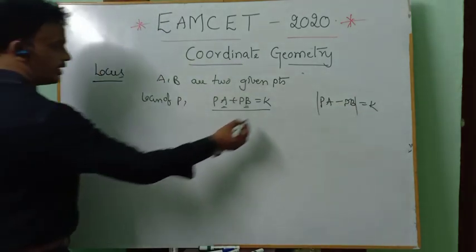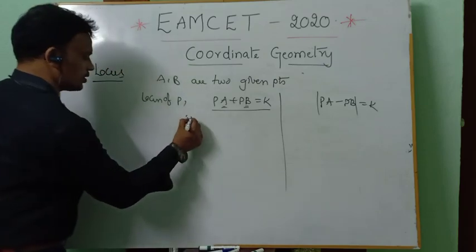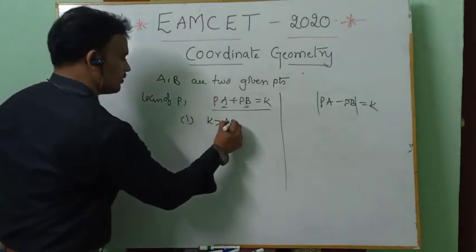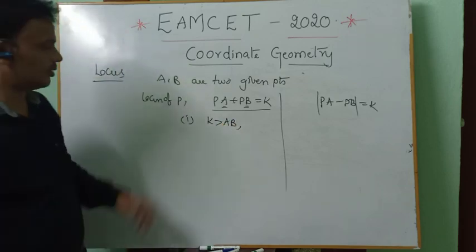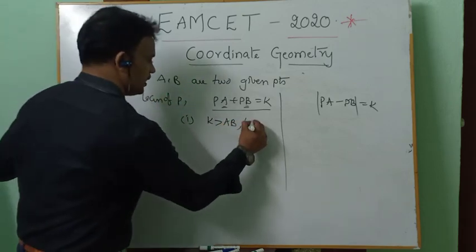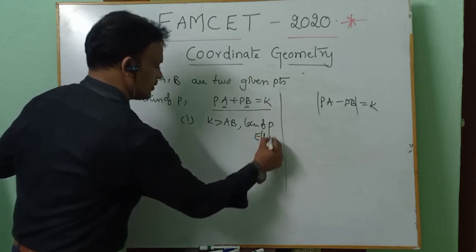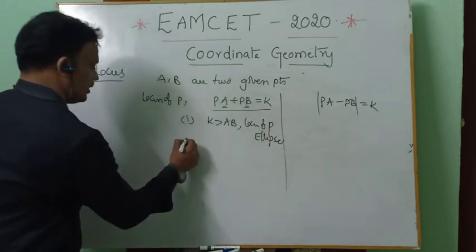Here, some conditions are there for this one. Suppose K is greater than AB. If K is greater than AB, the locus of P is an ellipse.